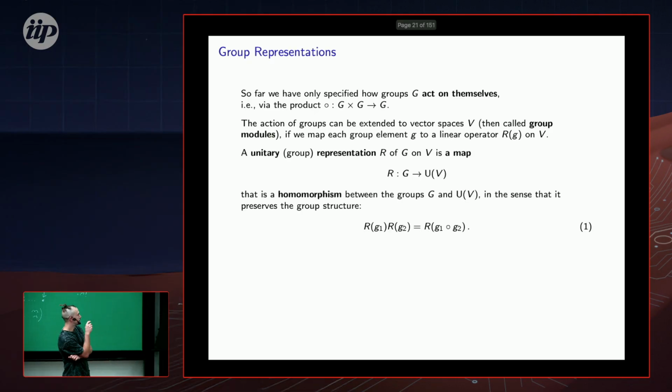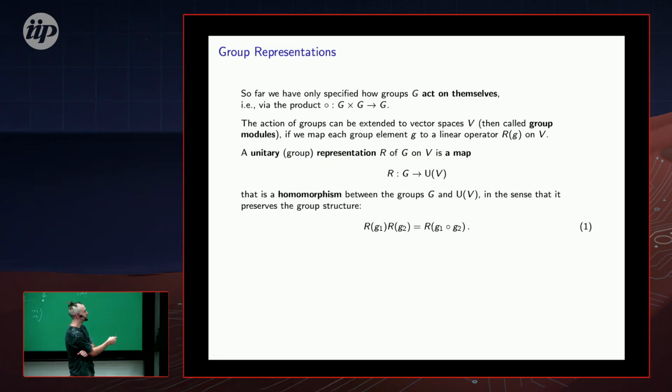So formally, a unitary group representation R is a map from G to the unitary group on the vector space V. Those are two groups, G and UV, as G is by definition a group, by assumption, and UV we just saw is a group before, right?